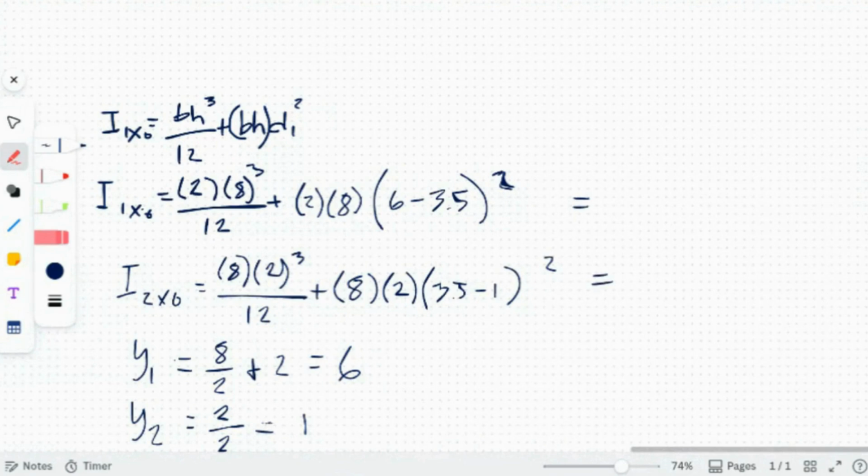So that's 2 times 8 cubed divided by 12 plus 2 times 8 times quantity 6 minus 3.5 to the power of 2. This is 185.33.